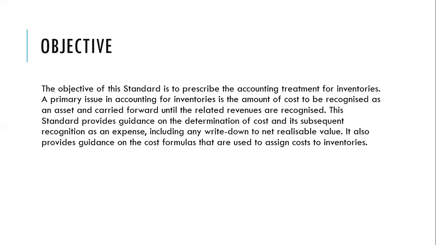So the objective of IAS 2 is to prescribe the accounting treatment for inventories. As an accountant in the field, how do you treat transactions that involve inventory when you are posting? A primary issue in accounting for inventories is the amount of cost to be recognized as an asset and carried forward until the related revenues are recognized.